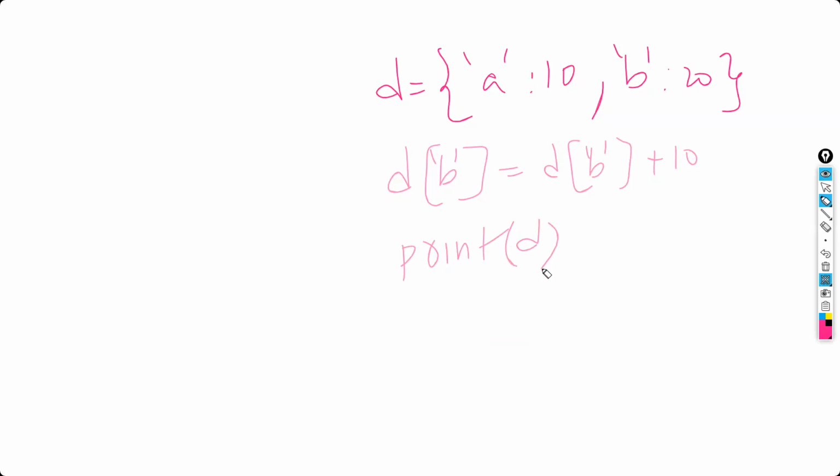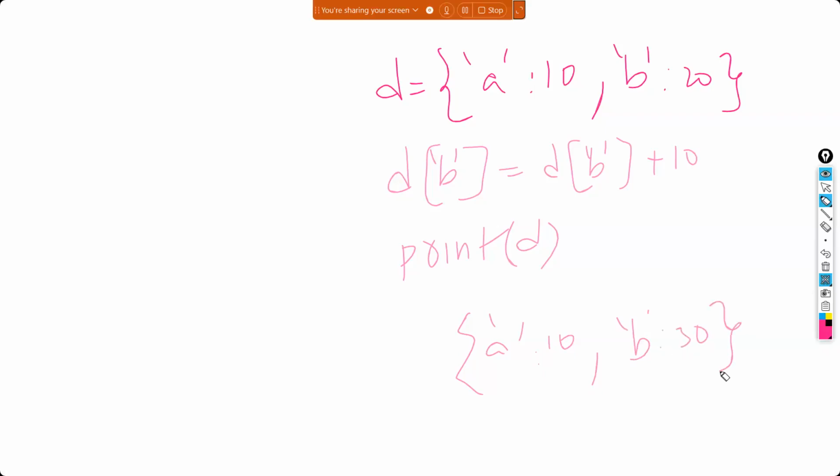Write in the notes. 10 seconds. Answer: print D gives A with 10, B with 30.